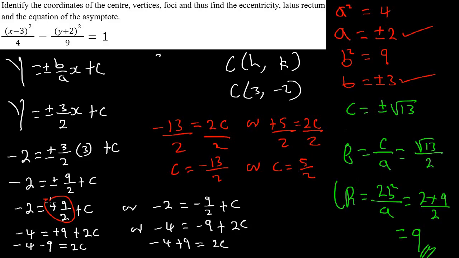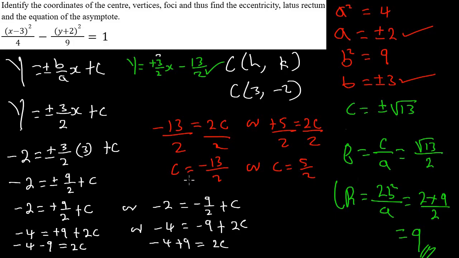When it's considered to be plus 9 over 2, that's when we used plus 3 over 2. So if the first equation is y equals, we consider the plus 3 over 2 x, now the value of c will be minus 13 over 2. Yeah, that's exactly what I want to show you.